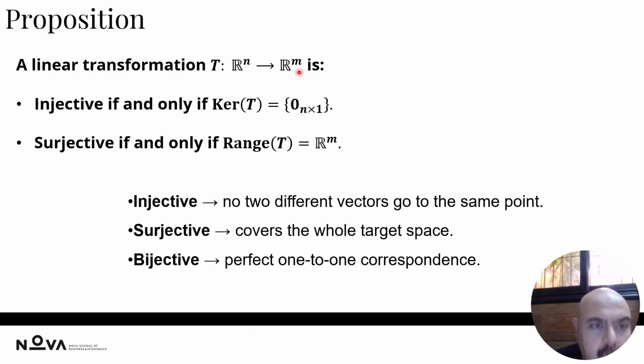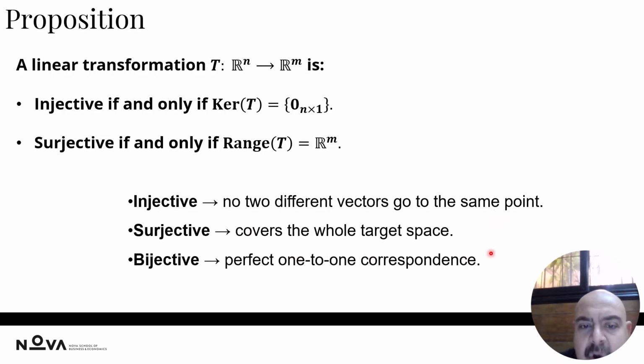For the details of the definitions of injective, surjective, and bijective, I found it very good to introduce these expressions for you. By injective, we mean no two different vectors go to the same point. It means that each vector will go to a specific point.